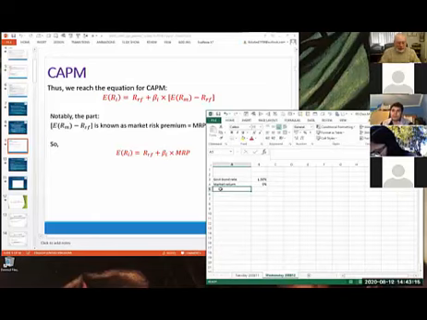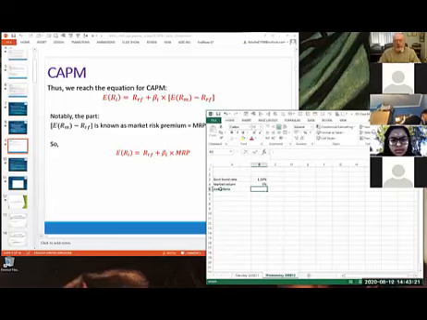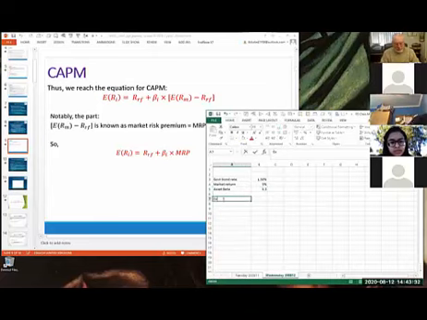And I'll say I'm analysing an asset with a beta of 1.3. Okay. That's the problem I've got. And I want to work out what the expected return on that particular asset is, okay?